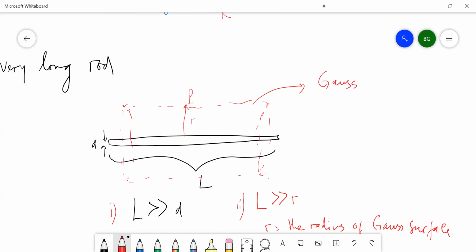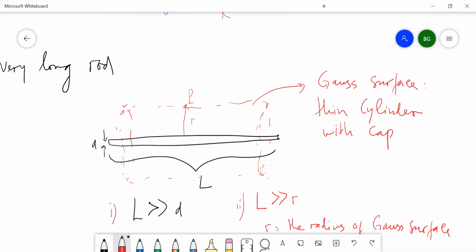The Gauss surface is a thin cylinder with caps, these two caps here. Okay.